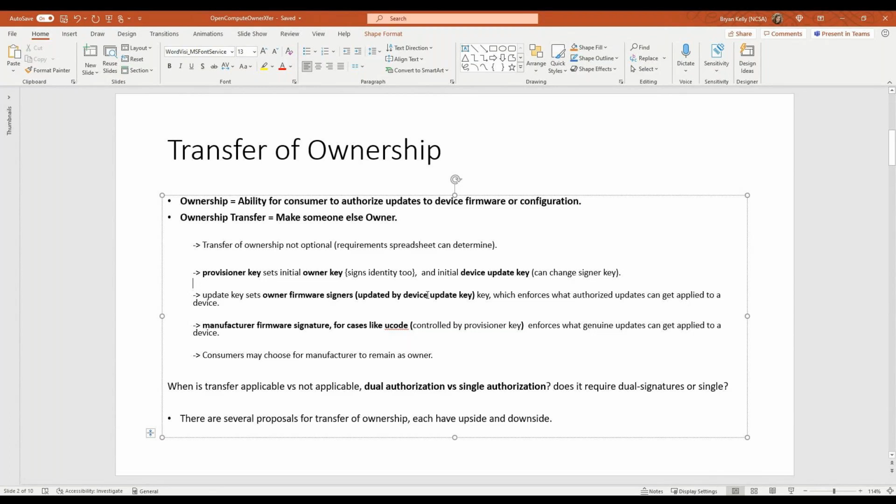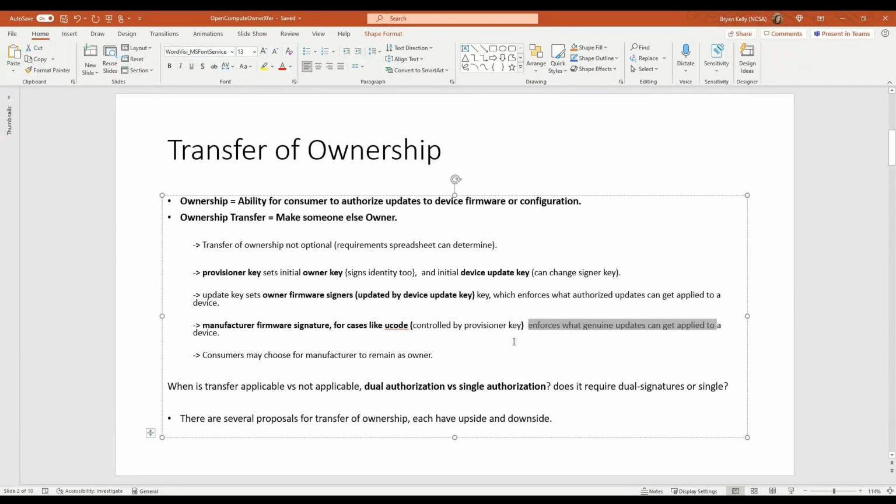Or we could confuse ownership transfer with authorship in that sense, because when we looked at that microcode case, there was this option where the manufacturer firmware signature would be controlled by this provisioner key, and that would enforce these kind of genuine updates to the device.